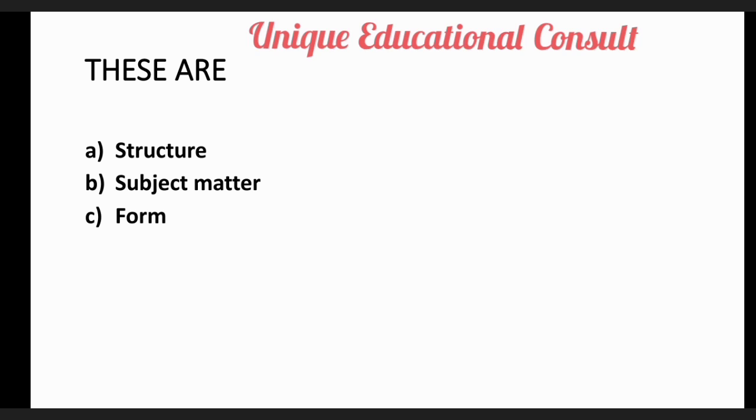The second one is the subject matter of the poem. And don't forget that when we say subject matter, this has to do with the backbone or the paramount points or the message that a literary writer is trying to pass to the audience or the readers and the society.